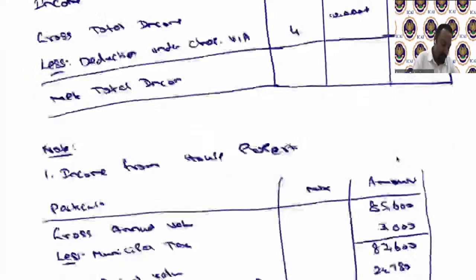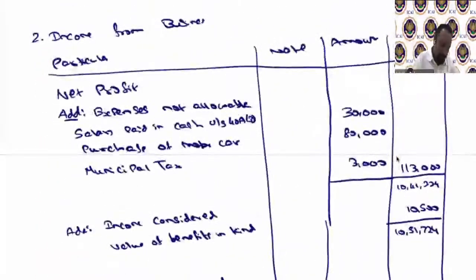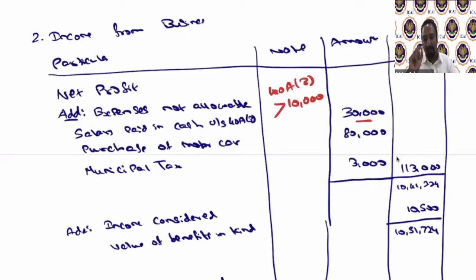The question is about the salary we are disallowing today. Section 40A(3) says any cash expenditure greater than 10,000 is disallowed. It has nothing to do with salary. Only for transporters it is allowed to be paid in cash, provided they have furnished the vehicle. For that reason only, we are disallowing this 30,000.